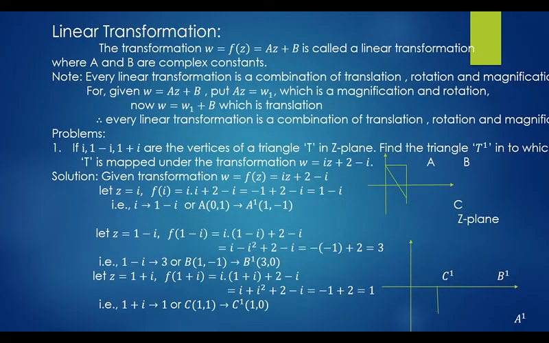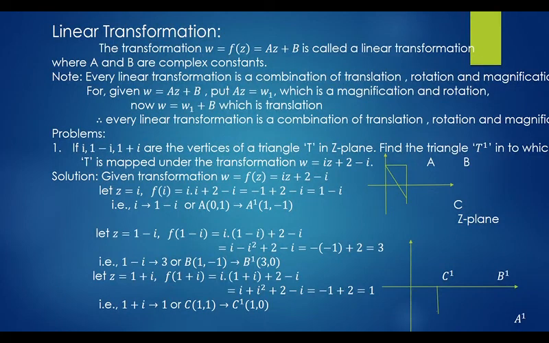The problem is like this. If i, 1 minus i, 1 plus i are the vertices of a triangle T in the Z plane, find the triangle T dash into which T is mapped under the transformation W equals iz plus 2 minus i.